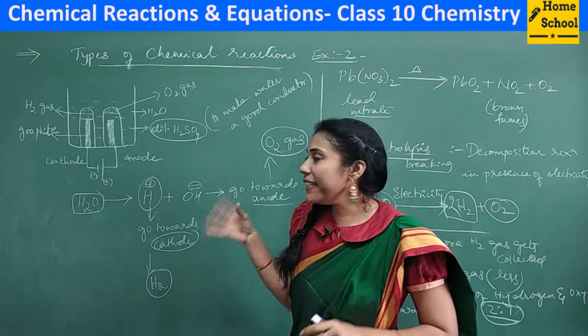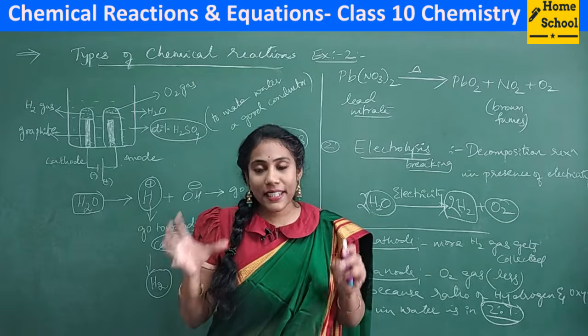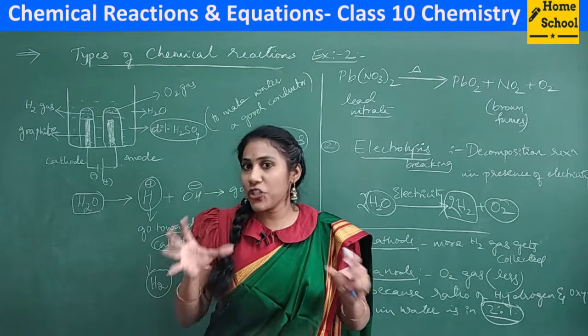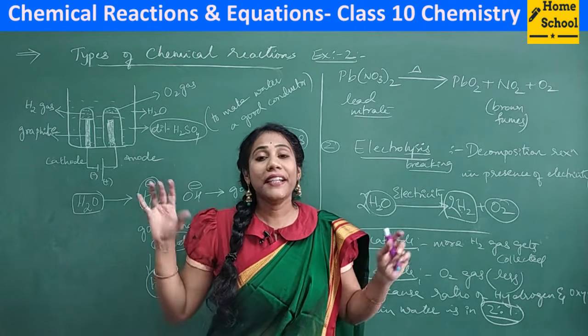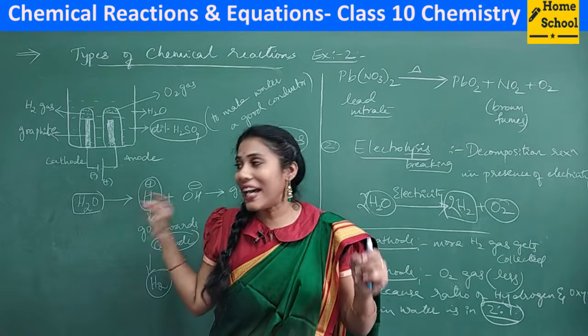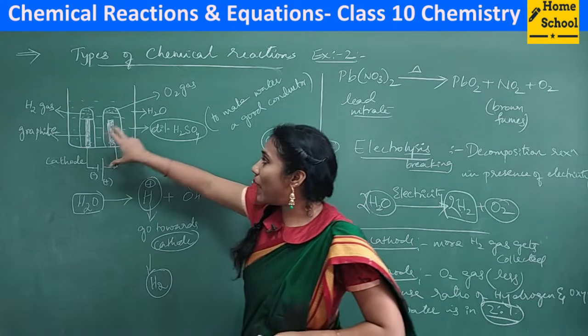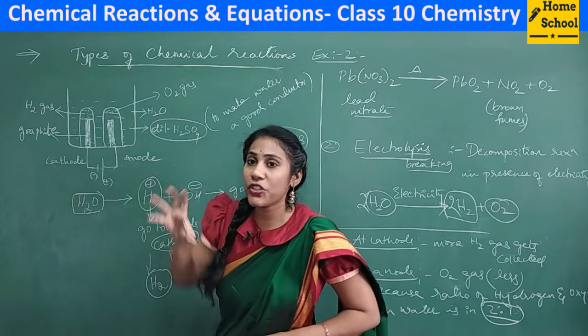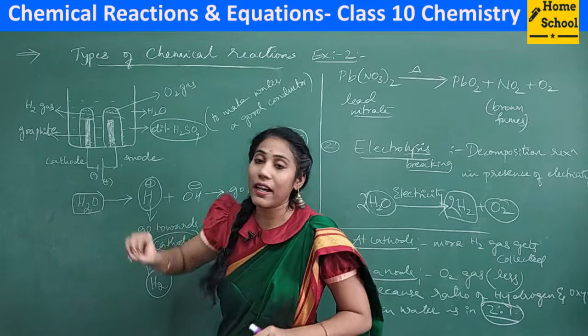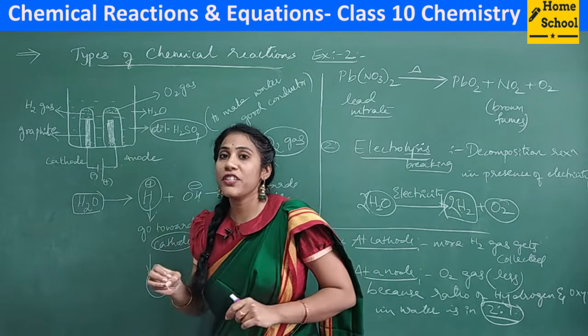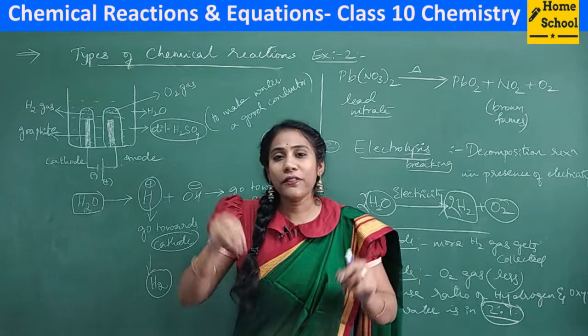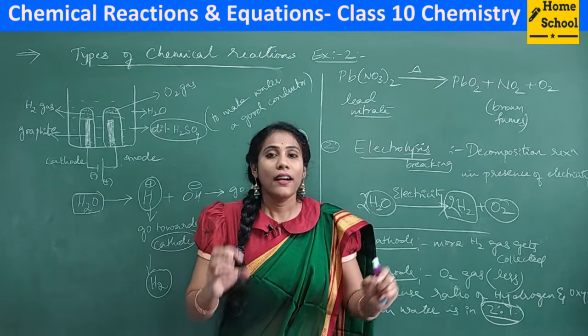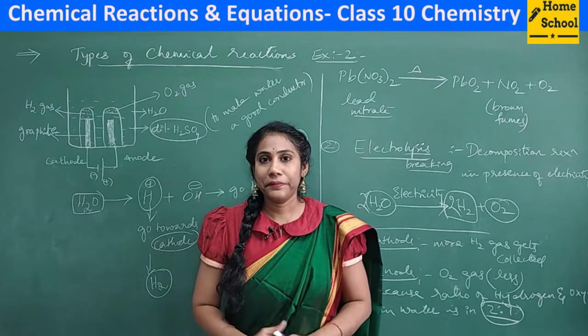So this is the activity relating to electrolysis, which is there in your book. Clear? And now I am showing you a live experiment, like how more and more hydrogen gas gets liberated and how less amount of oxygen gets liberated. All that with a simple experiment, let us try to understand.